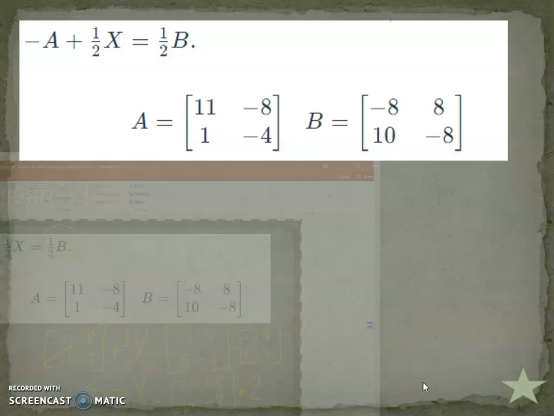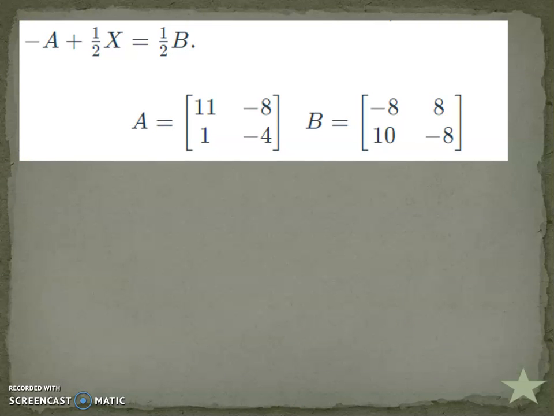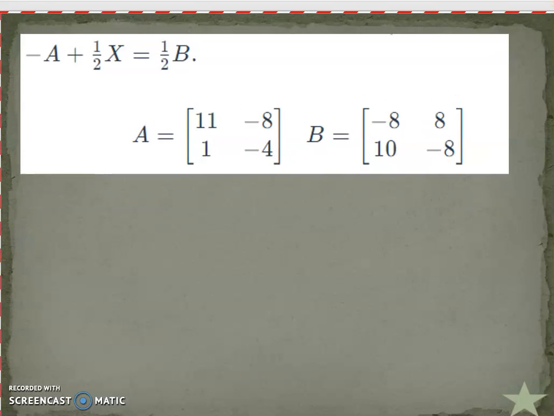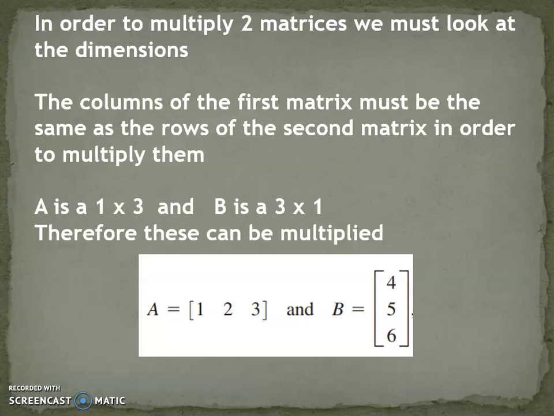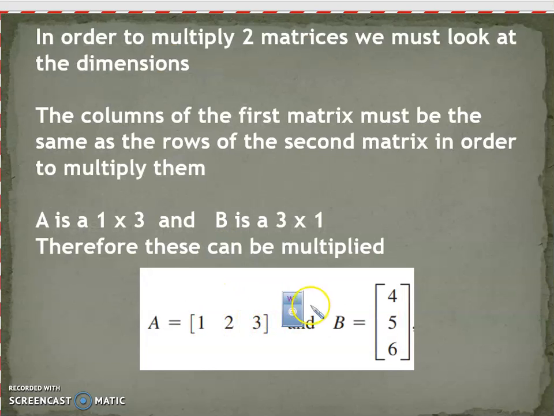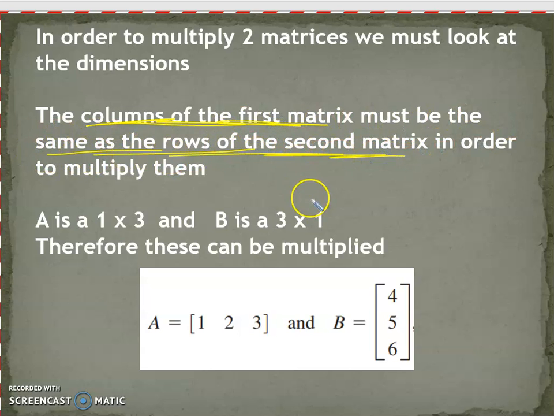Okay? Now I want to very quickly go over something that I made a mistake on yesterday, and that was this right here, this statement. Hopefully I'm going to have enough time to do what I need to do. The columns of the first matrix have to be the same as the rows in the second matrix. I said it backwards yesterday, wrote it backwards yesterday, and I apologize for that.